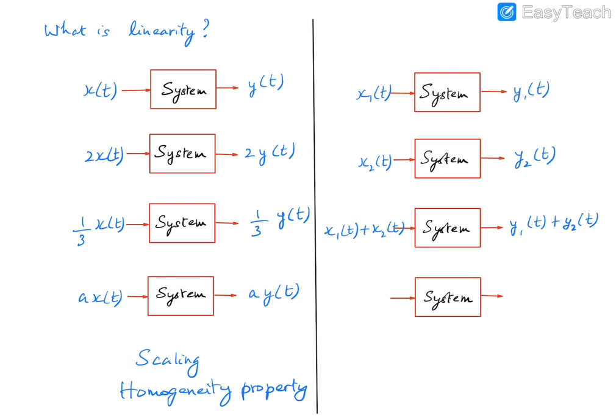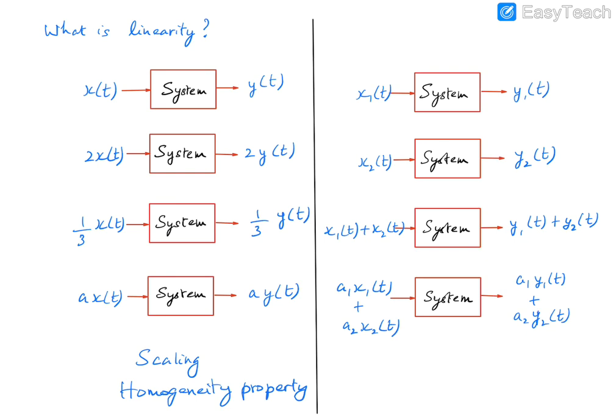So let's say the input is now a1 x1 of t plus a2 x2 of t. What would be the output in this particular case? In this case, the outputs will also be a scaled addition of the corresponding outputs y1 and y2. So that means it will be a1 y1 of t plus a2 y2 of t.